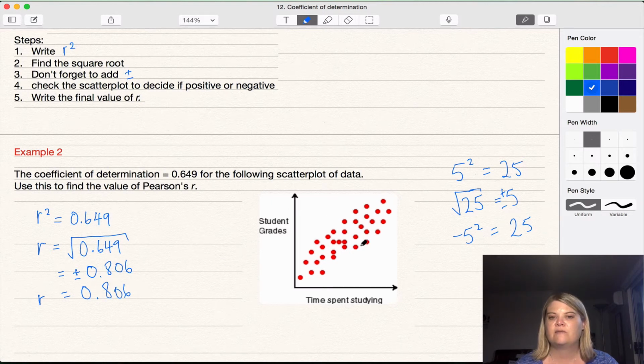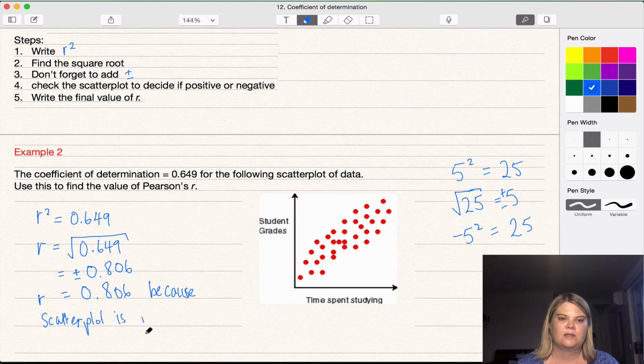If it was a negative looking scatter plot, we would accept the negative solution. When you do this last line, you need to write a little explanation about why you're doing that. Because the scatter plot is positive.